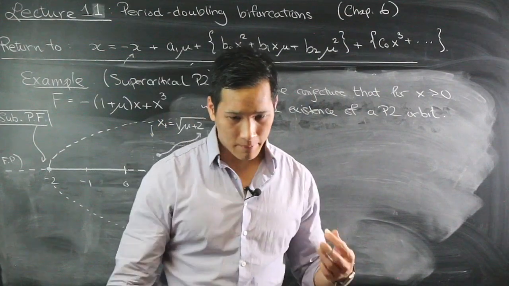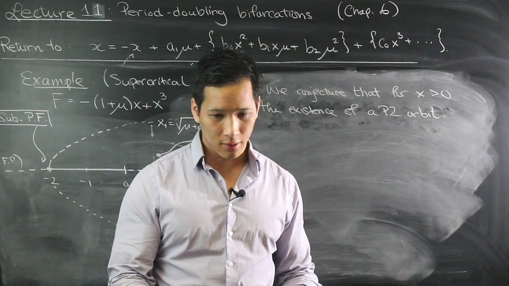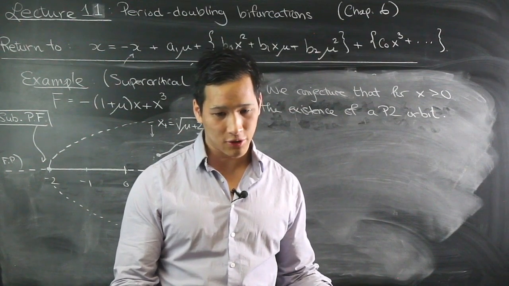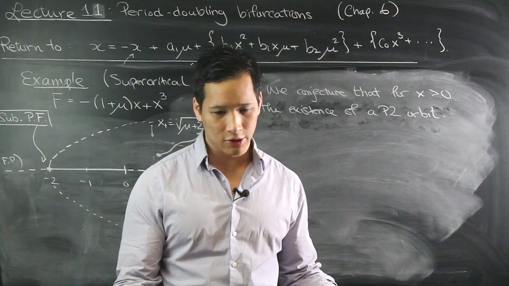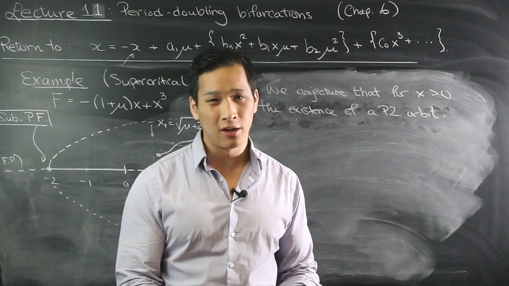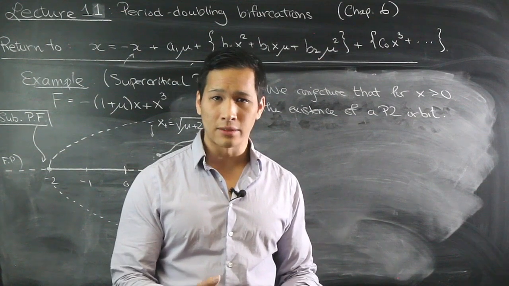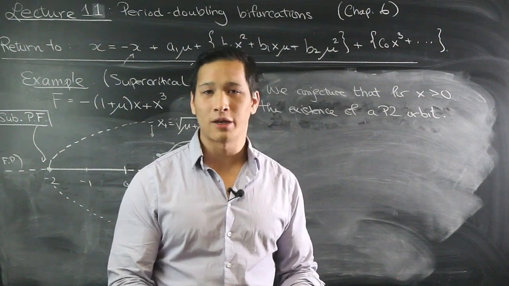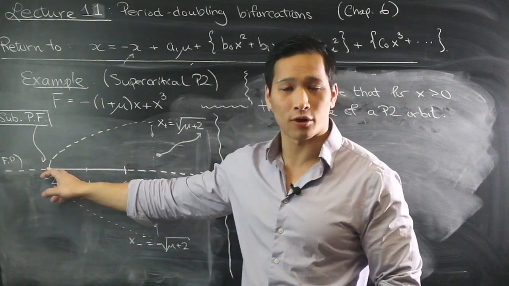Another question here is, when you're given a map, for example on problem set 3, how do you know what type of bifurcation occurs? It depends on the context of the question. If the question is asking you to draw a bunch of cobweb diagrams, then you draw the cobweb diagrams and, based on what you see, you intuit what the bifurcation diagram has to look like, just like when we did it here, we said, oh, that guy looks like a pitchfork.